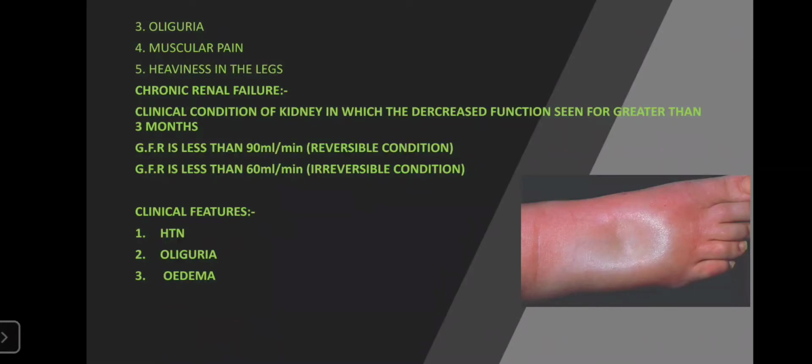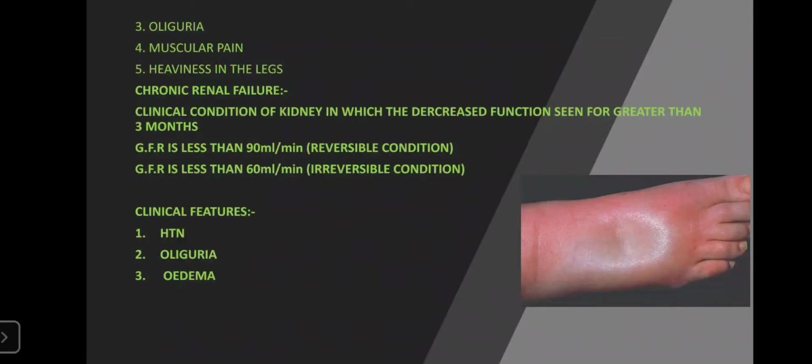Now we will see chronic renal failure. It is a clinical condition of the kidney in which decreased function of the kidney is seen for greater than 3 months, where the GFR is reduced to 90 ml per minute or less. But this is a reversible condition.